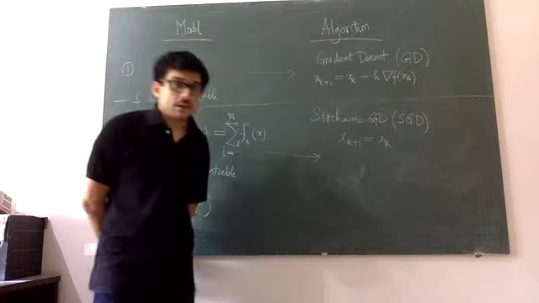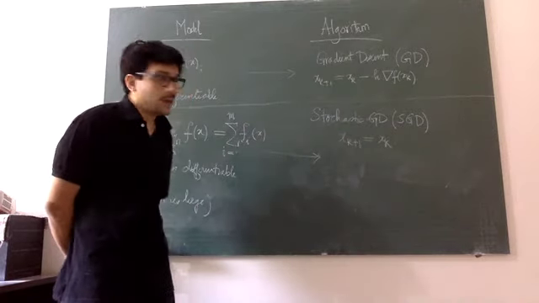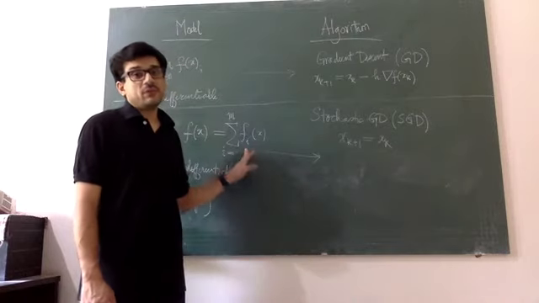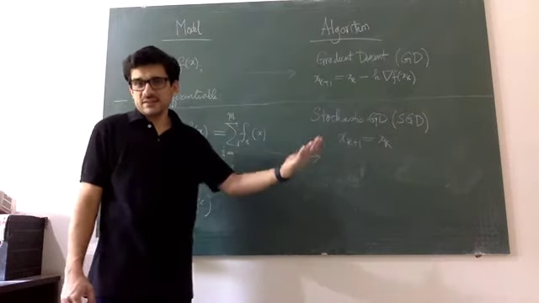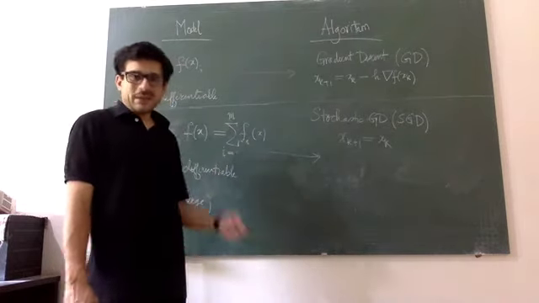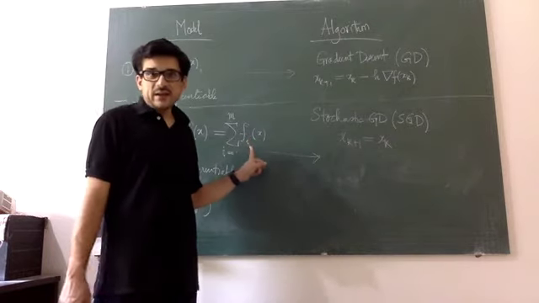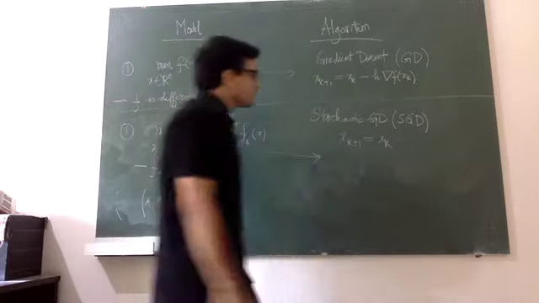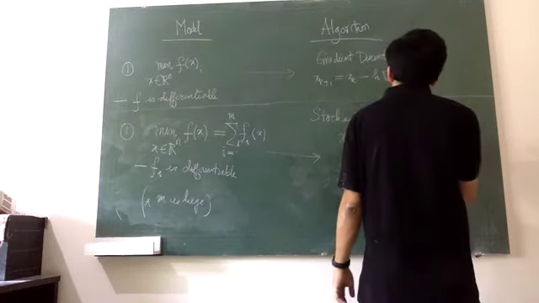You uniformly sample from 1 to m, that means you uniformly sample your data points. You pick one, you look at its gradient, and you just use that. So basically, the step would be like this.